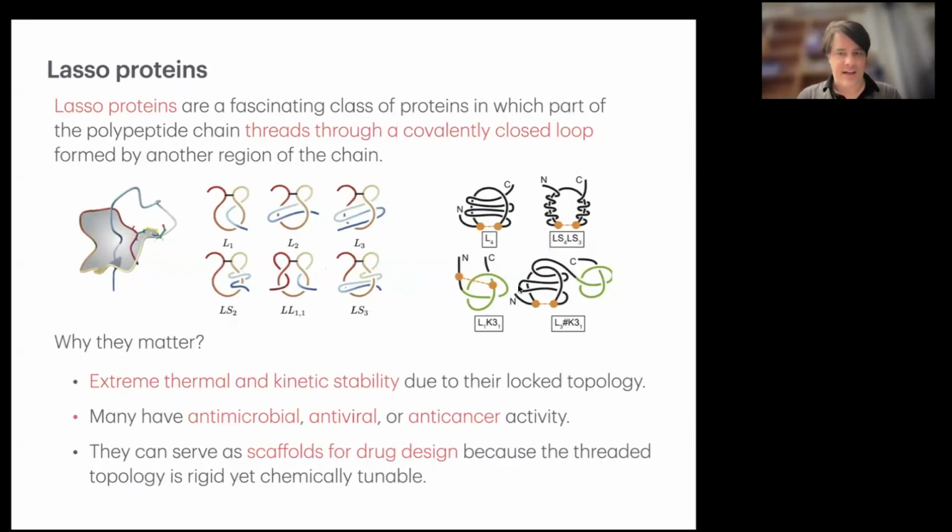And with AlphaFold, they found much more complicated lassos. I think it goes up to, I'm not sure, 20 or 30 or something like that, piercings through the minimal surface. So there's really a big database of these lasso proteins.